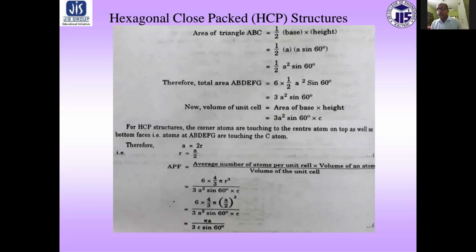The volume of an atom is 4/3 pi r cube, considering the atom as a hard sphere, and the total volume of the unit cell we have just calculated as 3a square sine 60 into c. So ultimately the equation becomes pi into a by 3c sine 60.